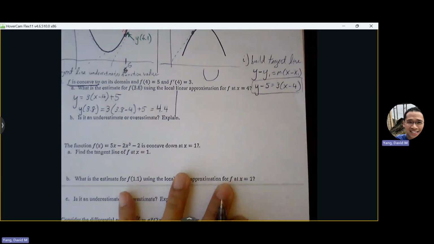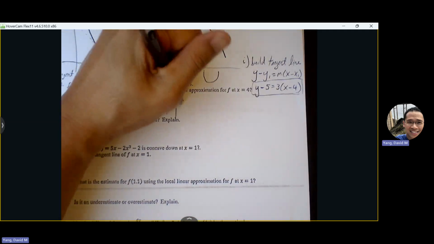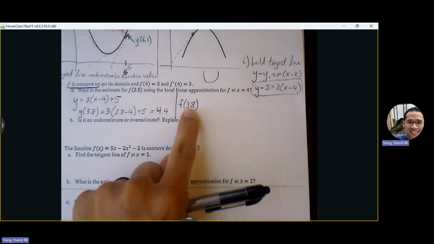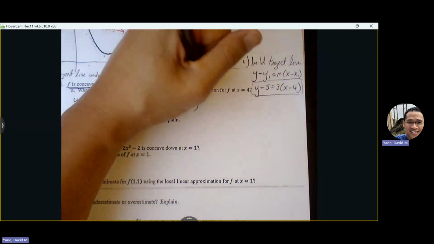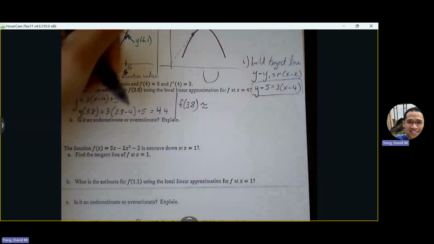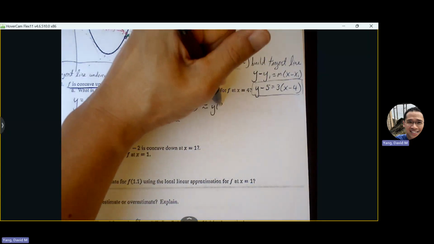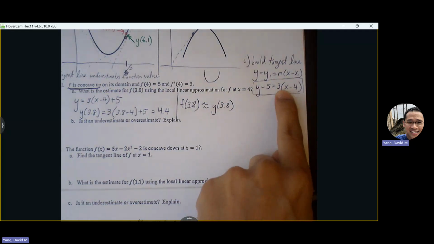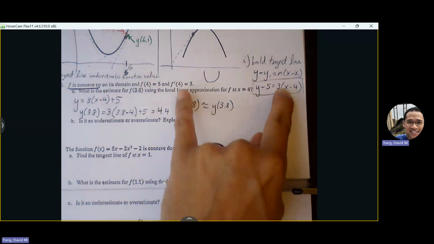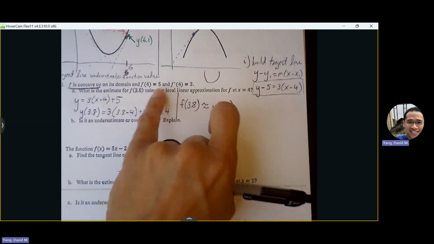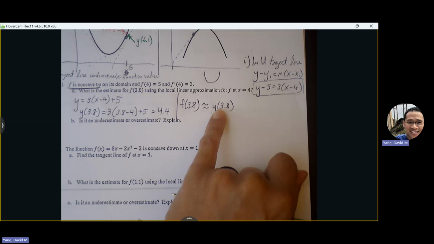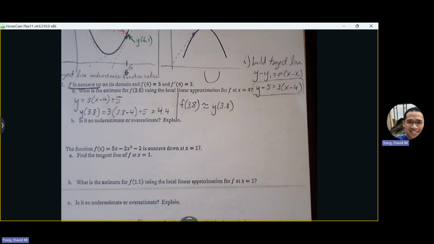So this is what we can say. We can say that f of 3.8, which is the exact value on the curve at 3.8, can be approximated by y of 3.8, because we know y of 3.8 is going to be off of the tangent, right? We know it's going to share the same point at the ordered pair (4, 5), but anything that is close to 4, that's not exactly at 4, we know that the tangent line is no longer sitting on the curve, right?